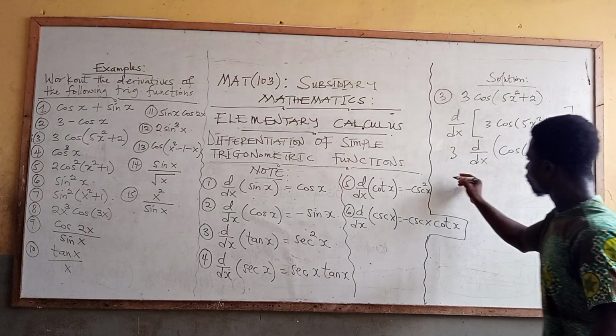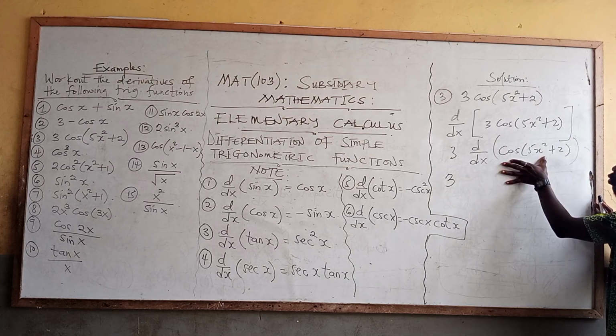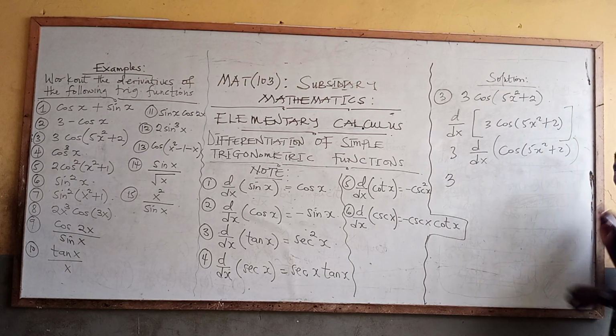So now let's see. My 3 is here. How do I differentiate cos(5x squared plus 2) with respect to x?